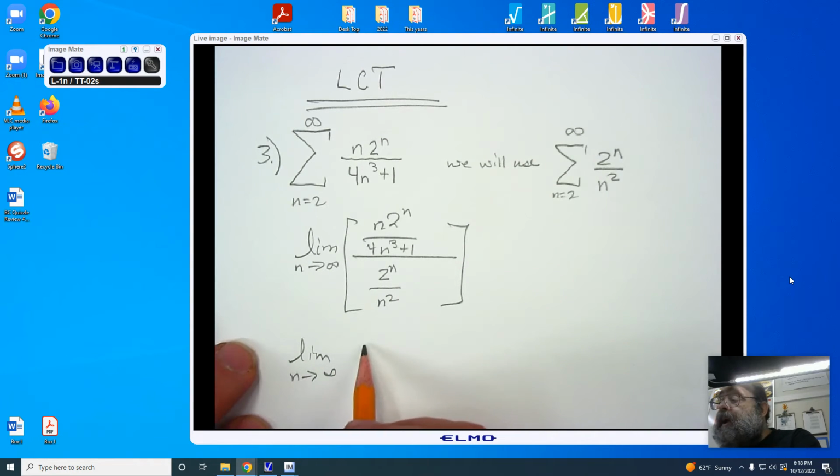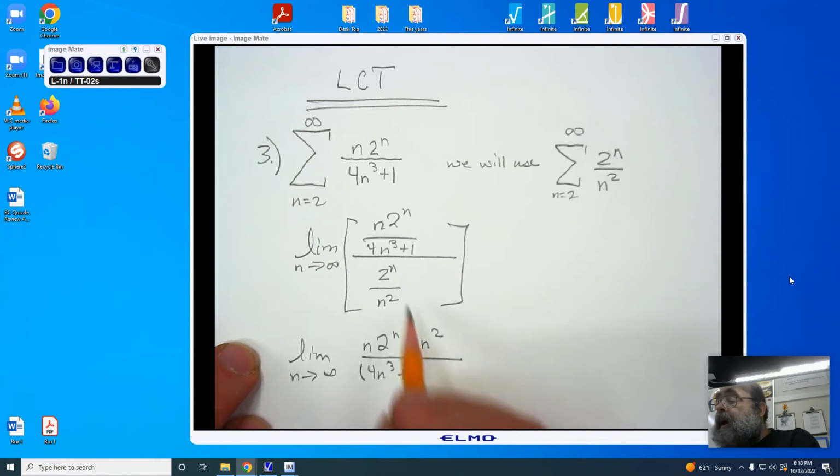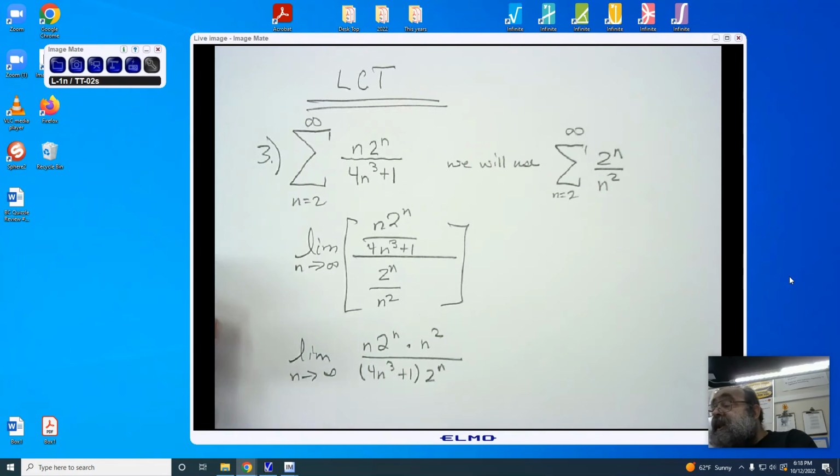This is going to let me have n 2 to the nth multiplied by n squared, and I'm looking at 4n cubed plus 1, and I'm multiplying it by 2 to the nth. Now you can clearly see the 2 to the nths are going to cancel, and n squared times n gives me n cubed.